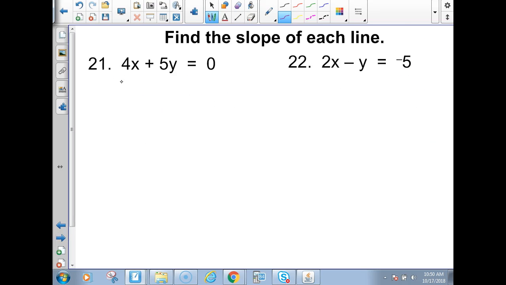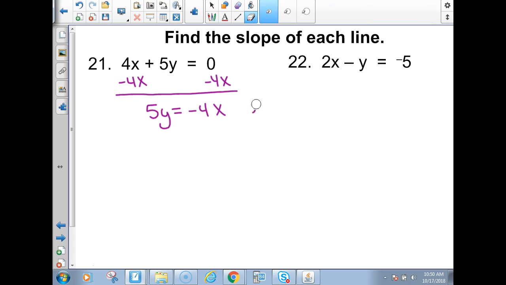Okay, let's subtract 4x on this one. We're going to have to work on this one a little harder. 5 times y is going to equal negative 4x plus 0. You don't really have to write the plus 0 part, so I think I'll just get rid of it. All right, now we're going to have to get y alone by dividing everything by 5.